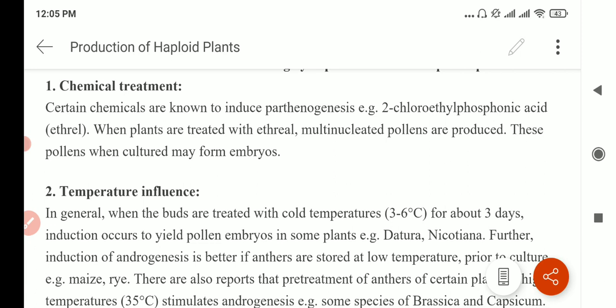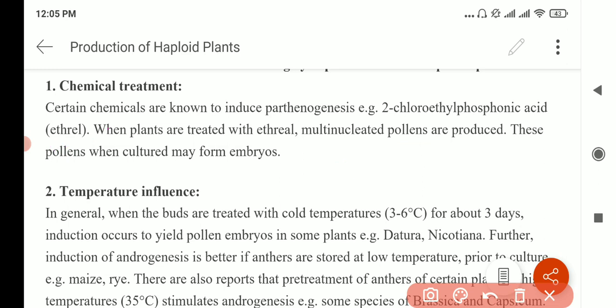There are some chemicals like 2-chloroethyl phosphonic acid, or the short form name is ethrel. When we treat the plants with ethrel, multinucleated pollens are produced. If we culture these pollens, we will get embryos.